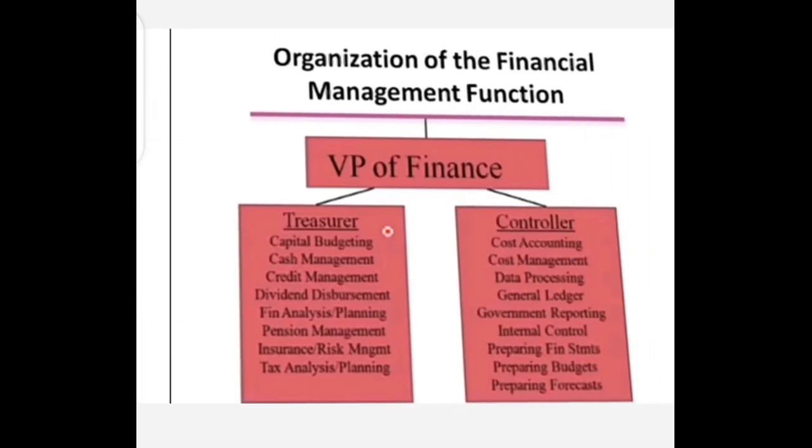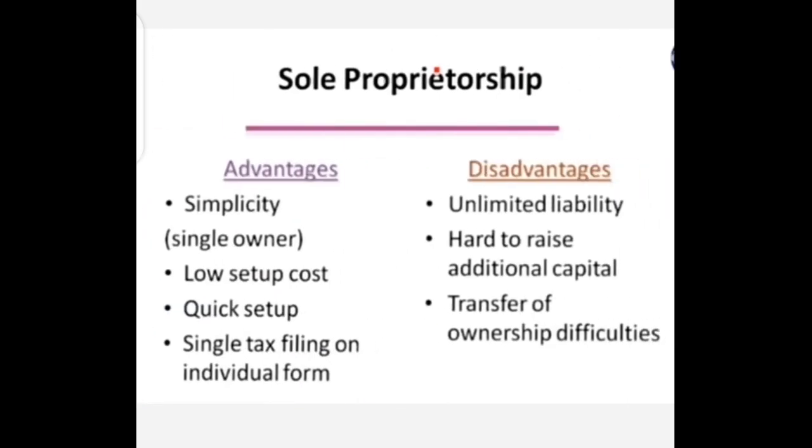Here is what the vice president of finance deals with. He deals with the treasurer and also the controller. He deals with capital budgeting, cash management, credit management, dividend disbursement, financial analysis, planning, pension management, insurance, risk management, and tax analysis. He also deals with cost accounting, cost management, data processing, the general ledger, government reporting, internal control, preparing financial statements, preparing budgets, and preparing forecasts.